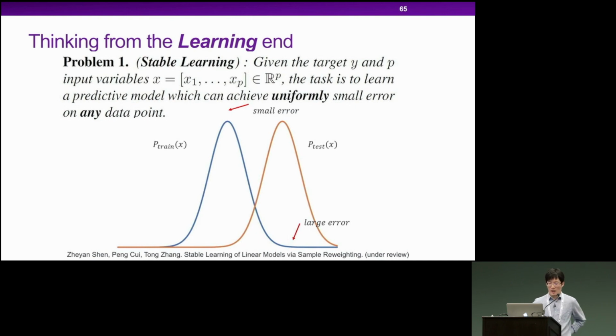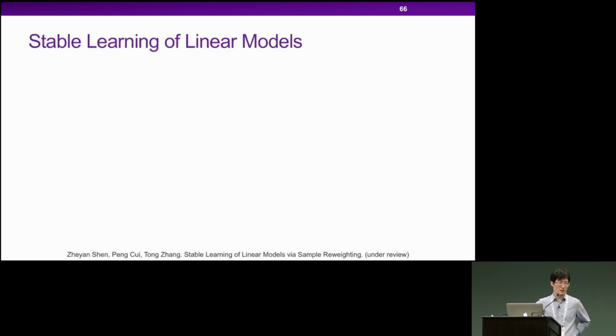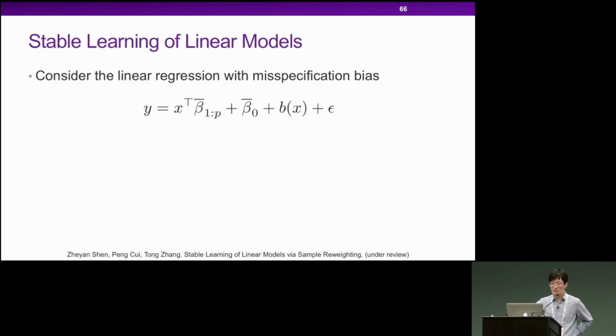So we try to analyze whether this is feasible or reasonable. Here we consider a very simple linear regression setting, but with some misspecification bias. You can see that y is generated by beta x plus b(x) plus epsilon, the noise.